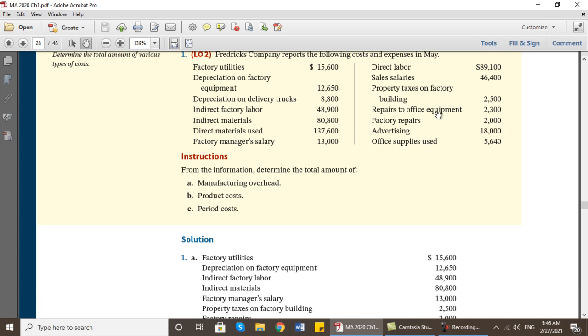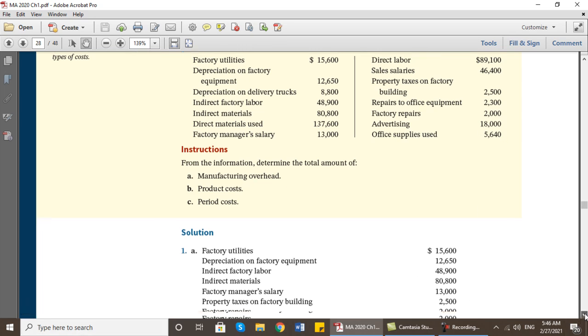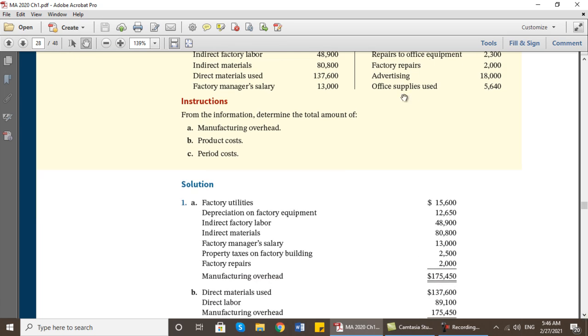Repairs to office equipment, no. Factory repairs, yes. Advertising, no. Office supplies use, no. Total manufacturing overhead 175,450.